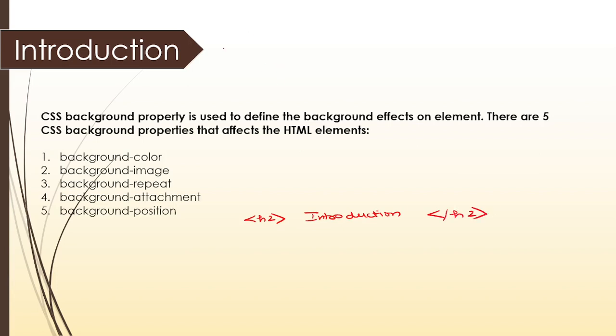Now under the style tag, if I want to give it a background color property, you can write it as H2, start your curly braces, background dash color colon brown, then semicolon, and close your curly braces. So this is how you can give the property to any HTML element.